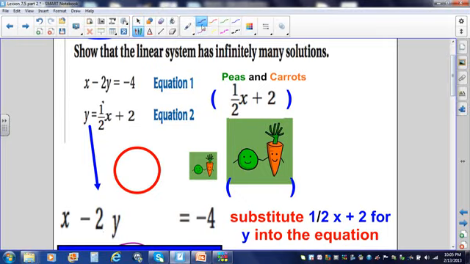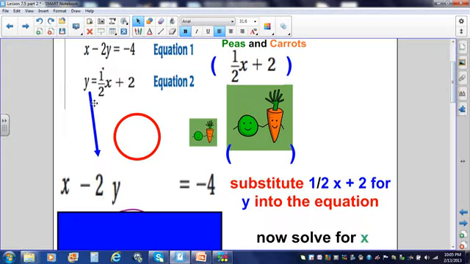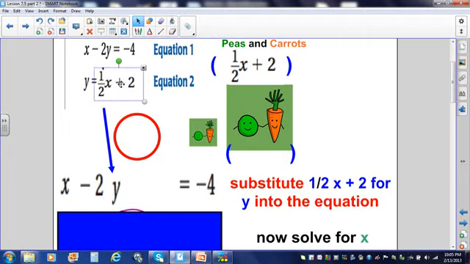Since I have a variable, in this case y, all by itself, I'm going to use substitution to solve this problem. We are going to substitute in for y 1/2 x plus 2. Remember, 1/2 x plus 2 is like our peas and carrots.